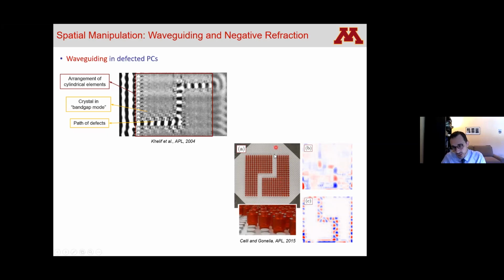You see that the periodicity is relaxed along this path. Then we scan the back of this plate using a laser vibrometer. These are two results of two scans, one at lower frequencies and one at higher frequencies. Both frequencies happen to fall inside a bandgap for this configuration, and you see that indeed the energy is channeled along the waveguide that is architected.